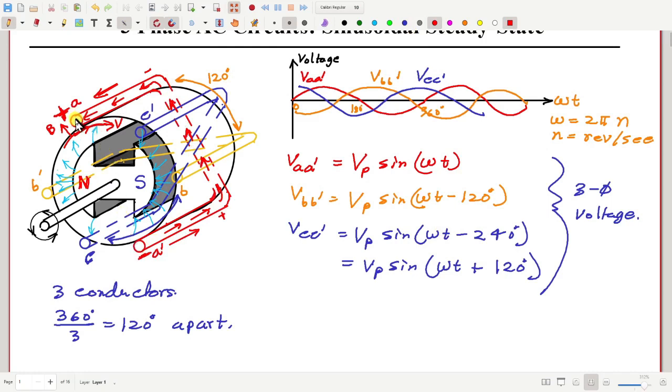I am showing only one conductor or one turn, but practically, it continues here and then it has many number of turns, like this. Then in each turn some voltage is induced and the total voltage will get multiplied by the number of turns.